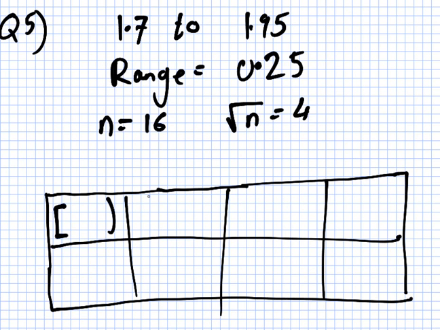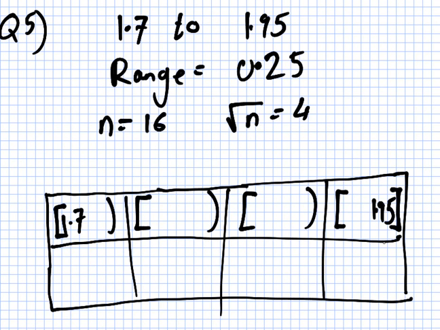Closed, open, closed, open, closed, open, closed, closed. So I can get the last one. The smallest is 1.7 and the biggest is 1.95.